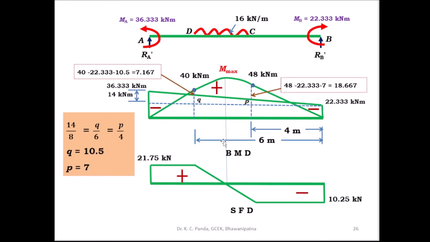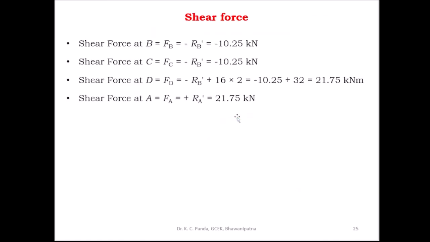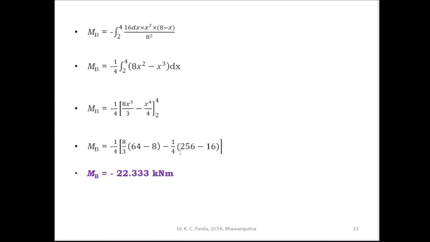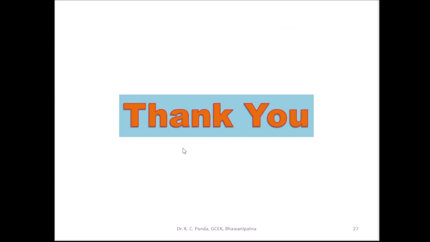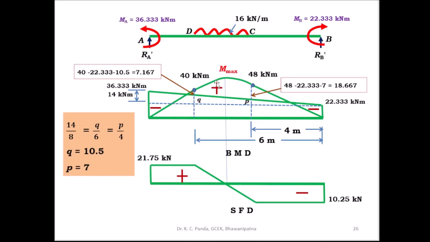Then after knowing x, after putting the value of x in Mx, you have to find out the bending moment here, also Mx, and then you can find out the maximum bending moment.